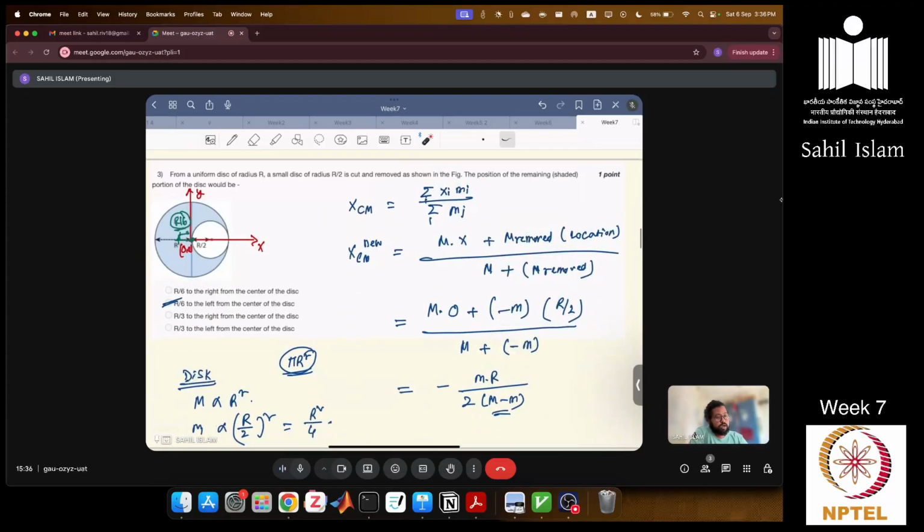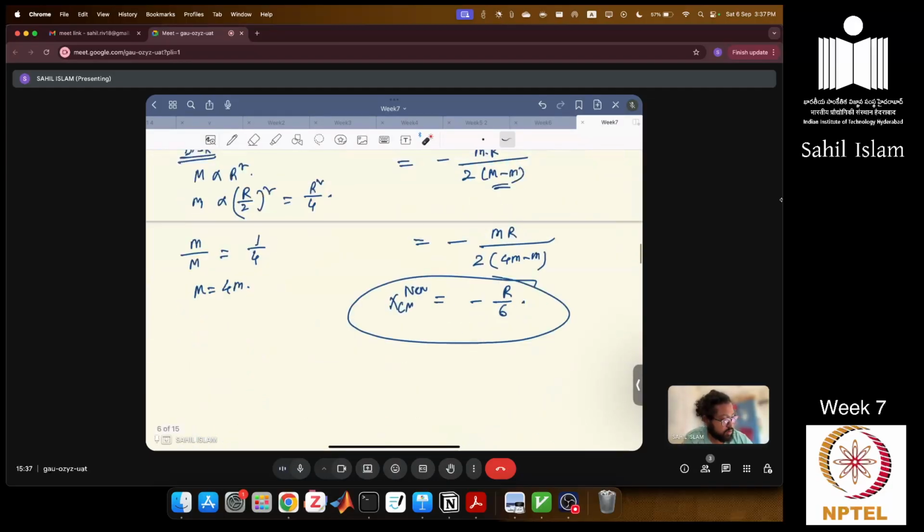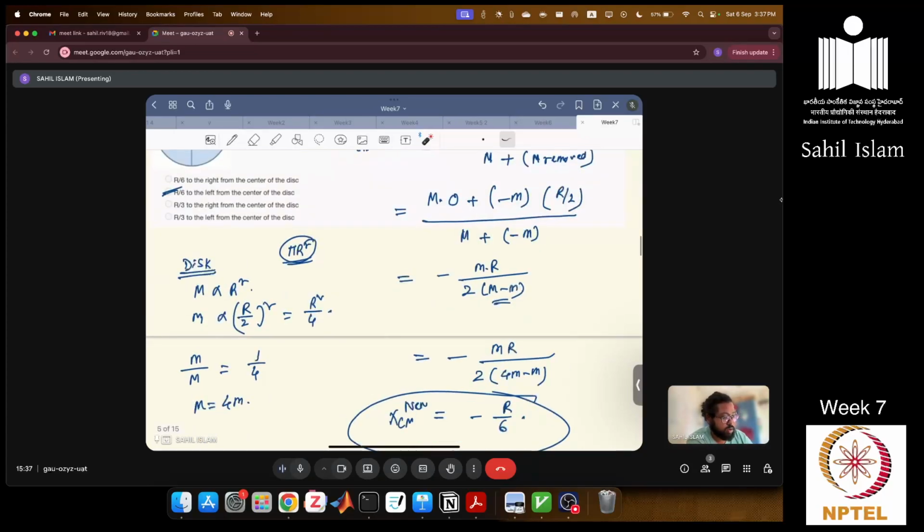Next, a uniform disk was there with radius r. A small portion has been cut out. Where will the center of mass shift? So we used this center of mass equation, and we found out that it will shift towards left by that amount.